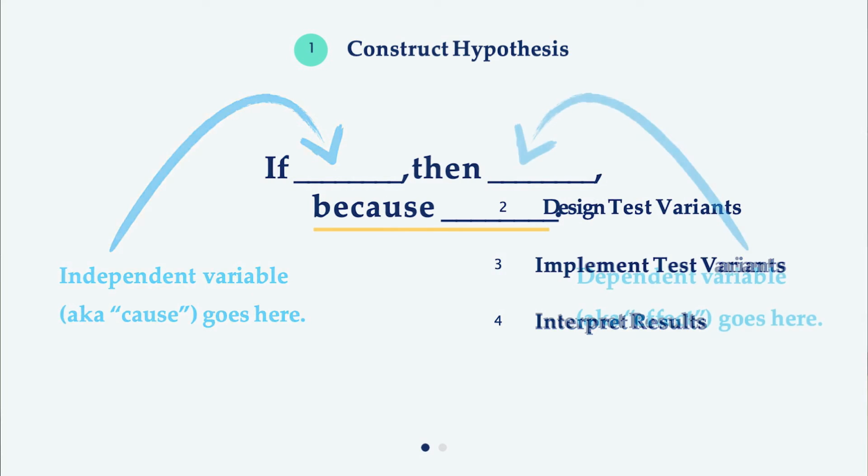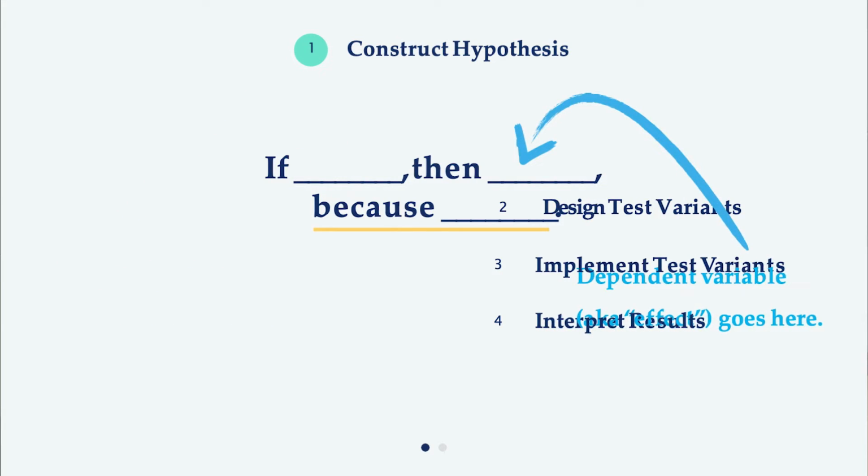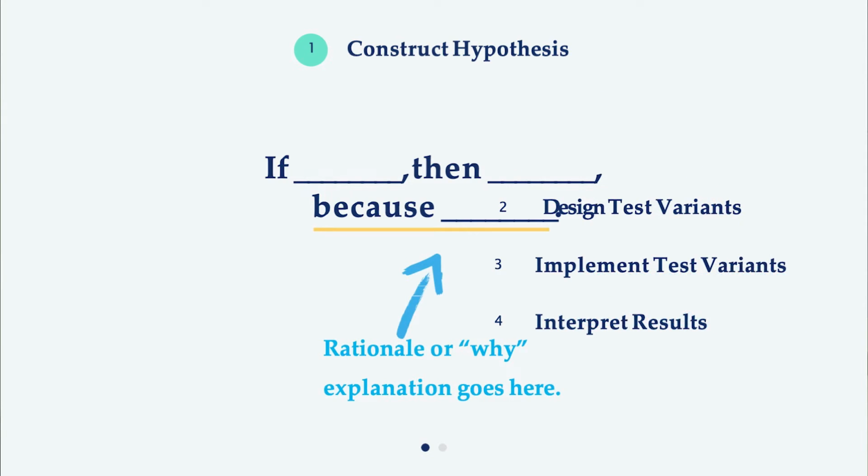The then is your dependent variable. This is the outcome that you're trying to drive, whether it be conversions or user engagement or registrations. And then the because is the rationale or the reason why. And so we really like this structure because it forces you to fill in those three blanks. I have to have a sound theory about all three of those if we're going to do this test.